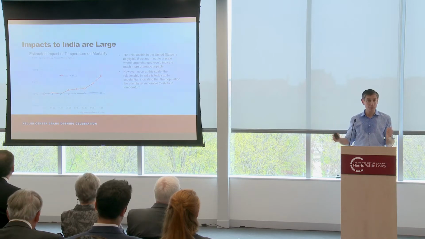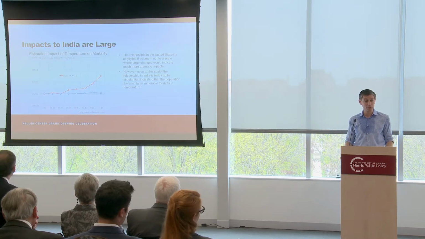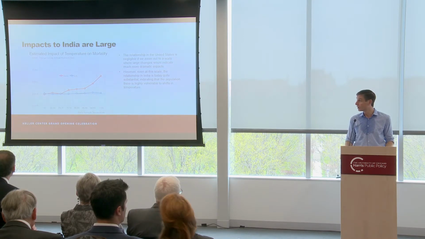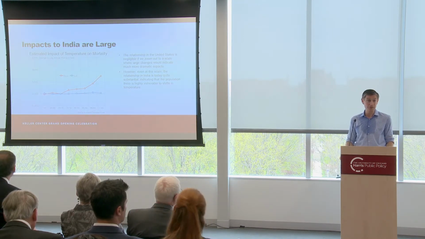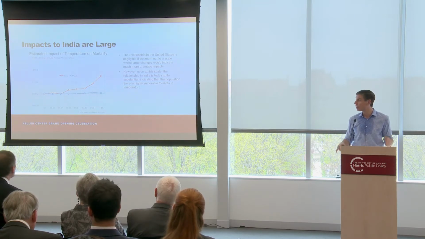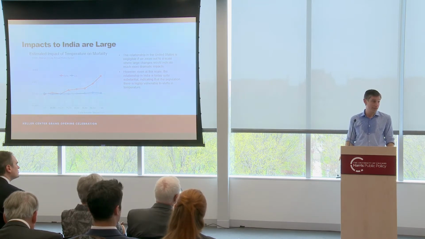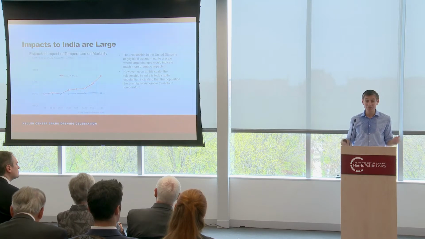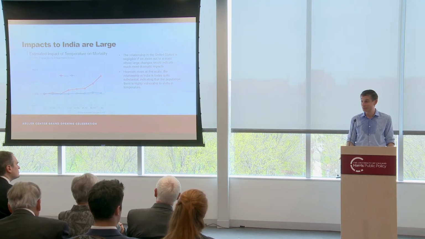But now I want to try and pull this together a little bit with what I was talking about earlier with the global energy challenge. So if you're India, that is, if you're the red line, that's a terrible way to live. Like, nobody wants to live like that. And you are desperate to get to the blue line. And what is the best way to get to the blue line?